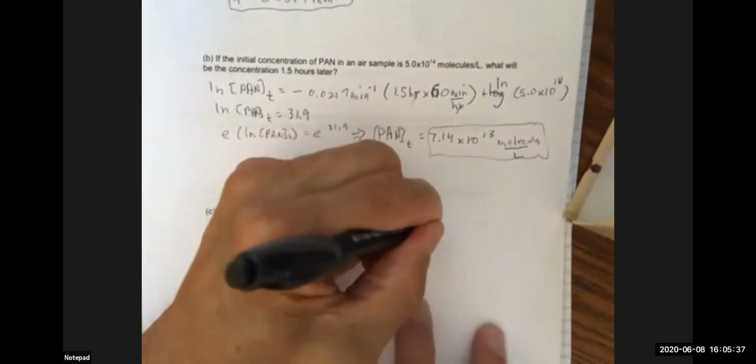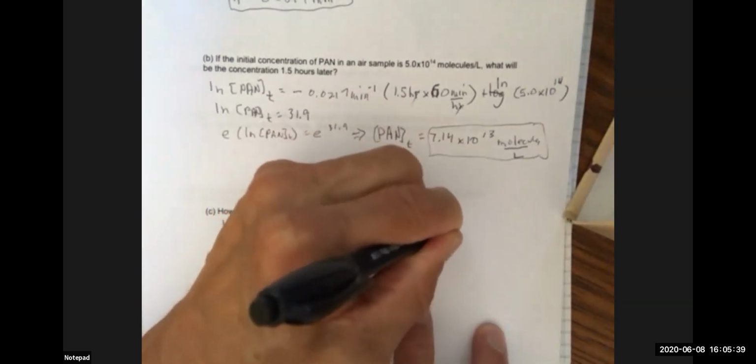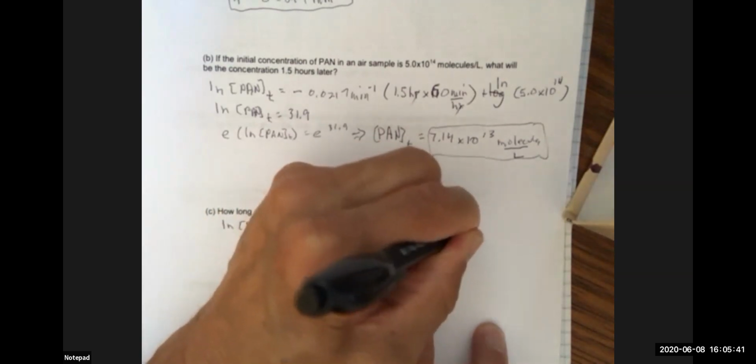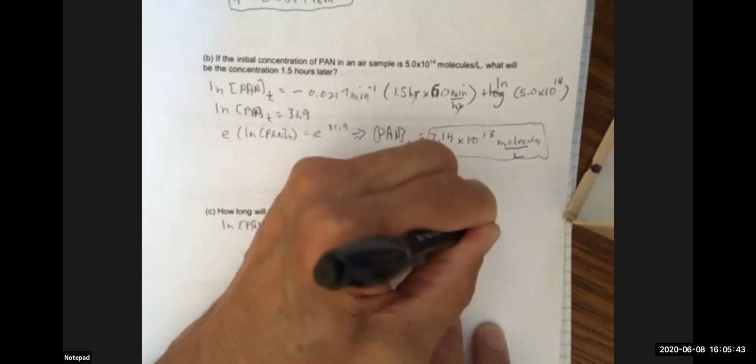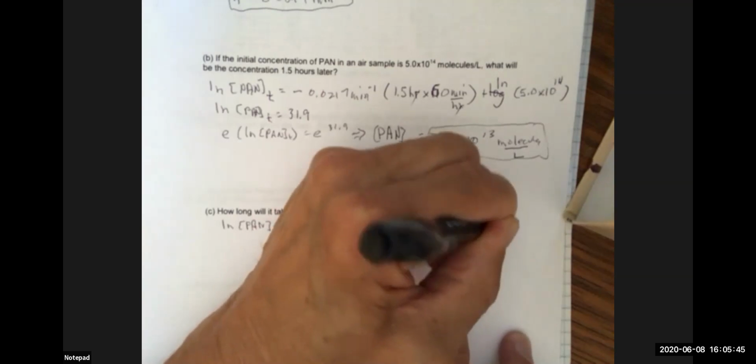In this case, it says when 30% of the PAN decomposes. So 30% of the PAN decomposes, that means there's 70% left. So that means that PAN at time t is equal to 0.7 of PAN initial, PAN naught.